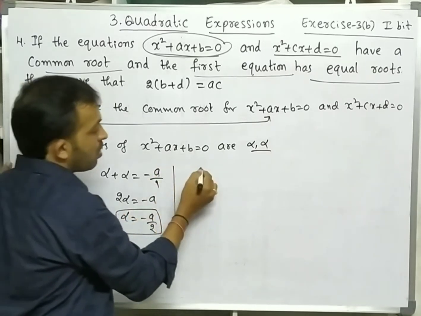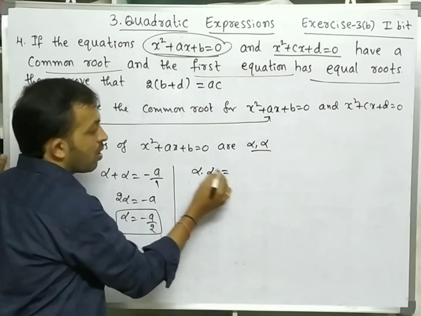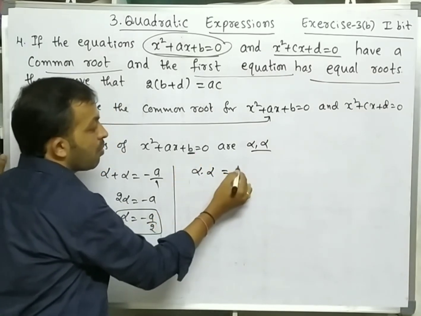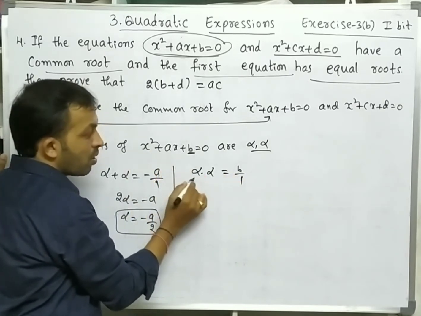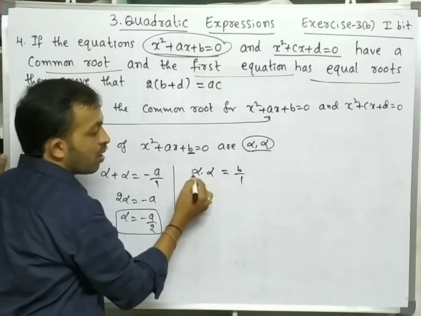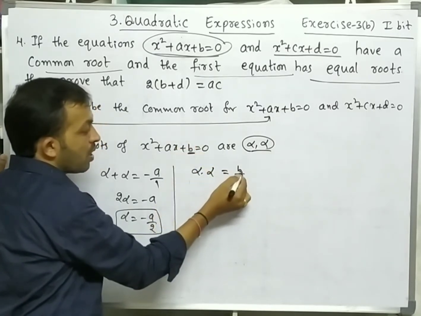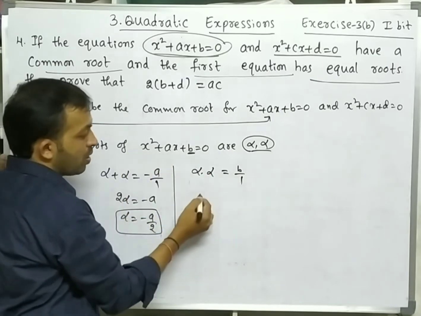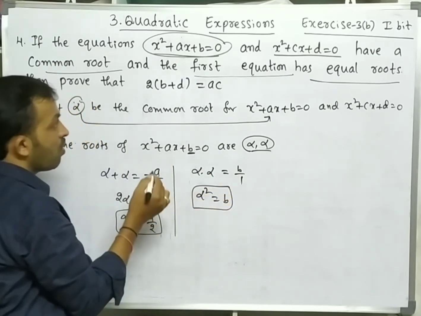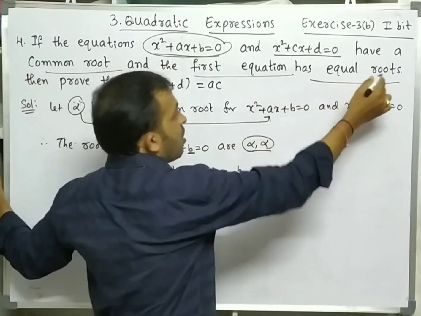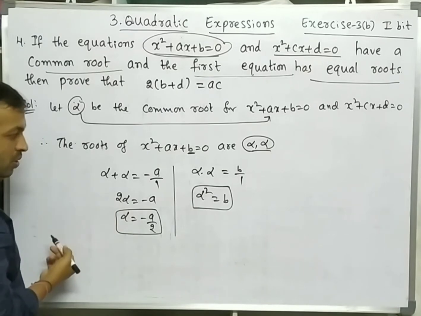Next, the product of the roots, alpha into alpha, is equal to constant by x square coefficient, which is b by 1. Now alpha square is equal to b. By the equal roots condition we got these two relations.